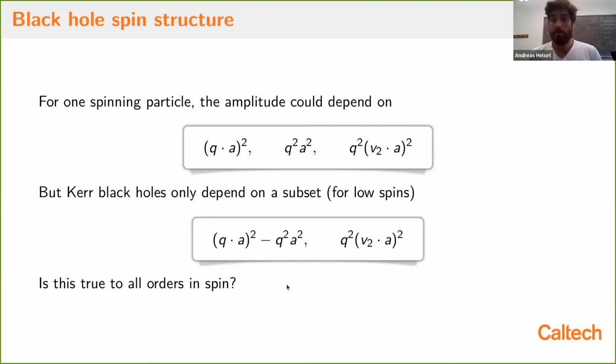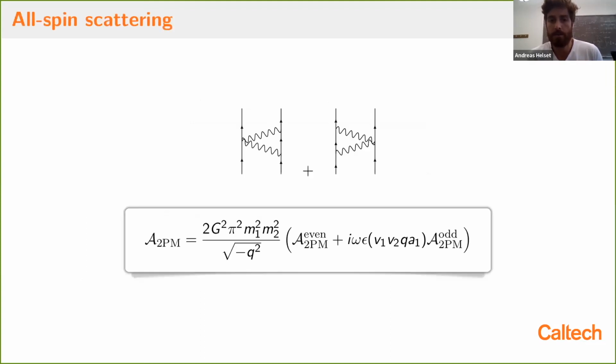Maybe this is true to higher spins, like higher order in spin. We put this as an assumption or input into fixing the contact terms in our complement amplitude, and we then plugged it in and calculated the relevant scattering amplitudes.